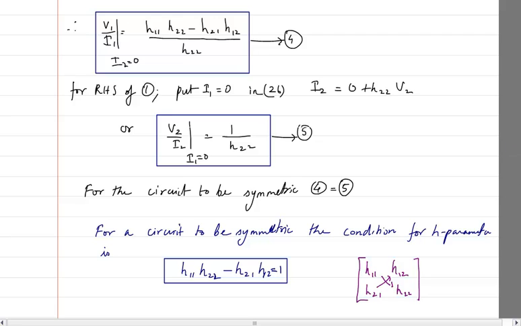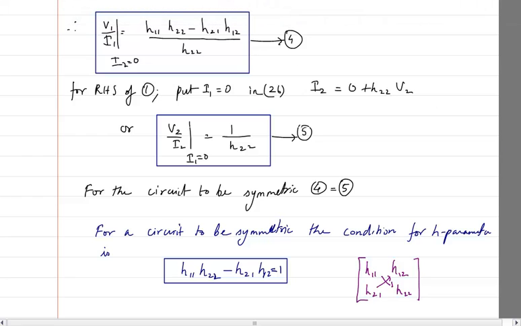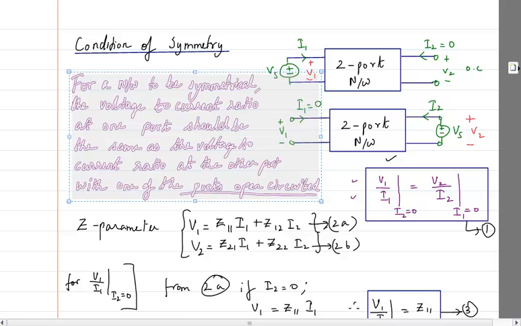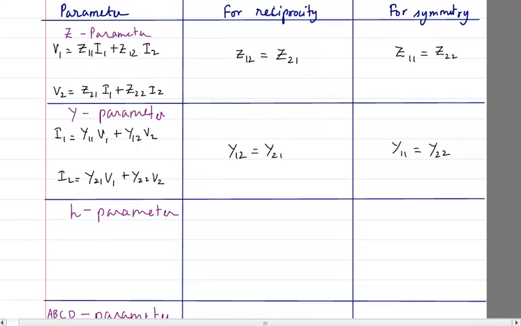So now let us write these results in the table that we have already made for the h parameter.